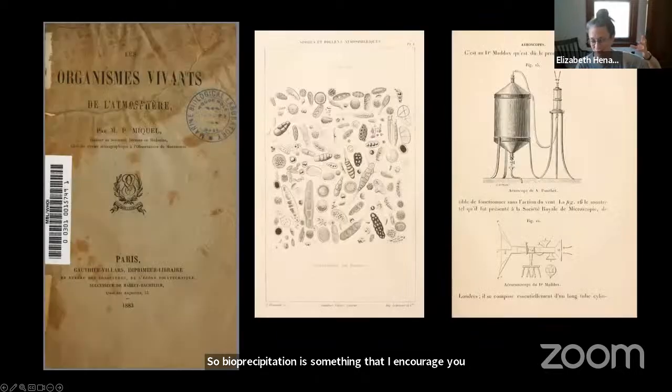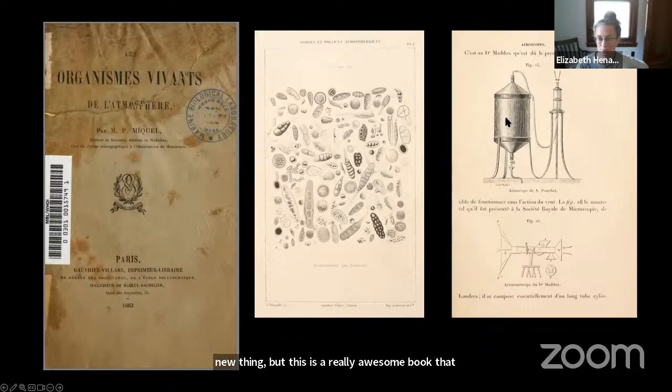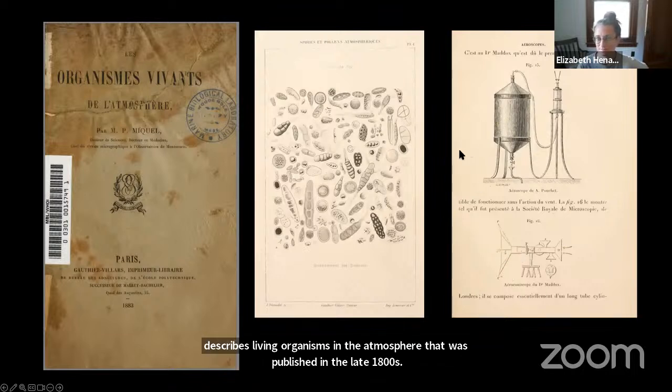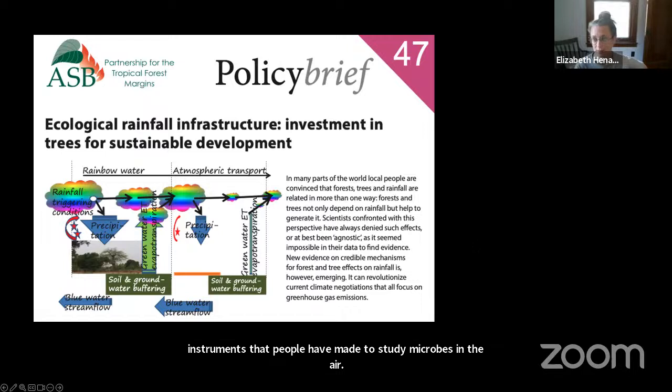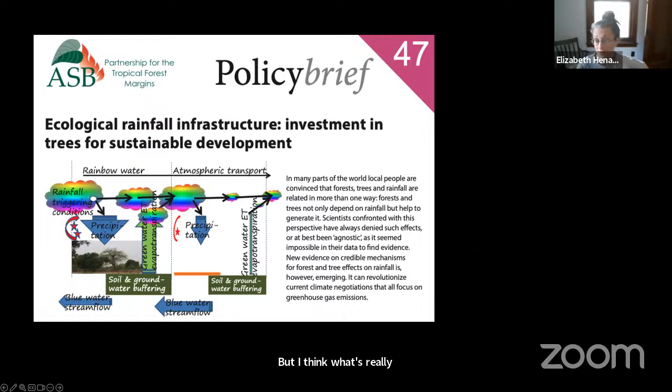And again, this feels like maybe a new thing, but this is a really awesome book that describes living organisms in the atmosphere that was published in the late 1800s and has some cool diagrams of instruments that people have made to study microbes in the air. But I think what's really important is thinking about this from a policy perspective.